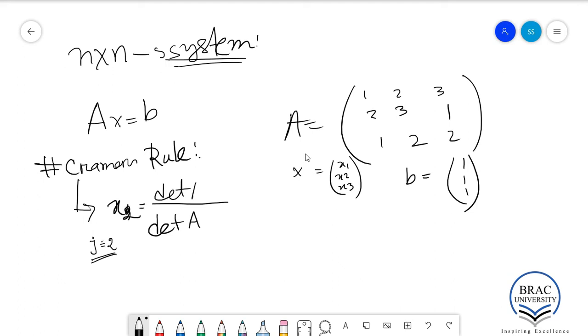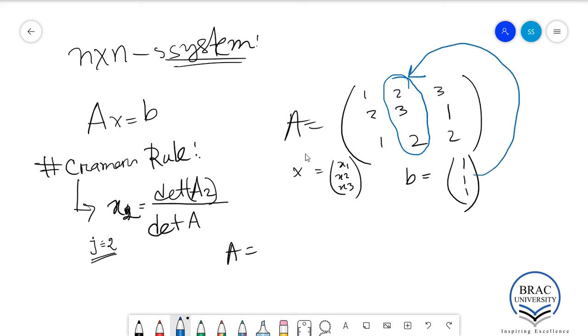I have to evaluate the following. Now what does this A2 mean? A2 means that instead of having this column, you replace it with B. That is, when you are solving for the jth variable, you have to replace the jth column with the B column, the coefficients appearing on the right hand side of the system.